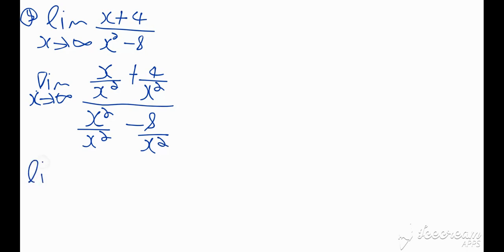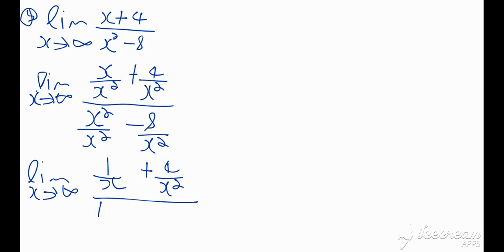So we have the limit as x tends towards infinity. Now when we break this down by using laws of indices, I'm going to get 1 over x plus 4 over x squared all over 1 minus 8 over x squared.